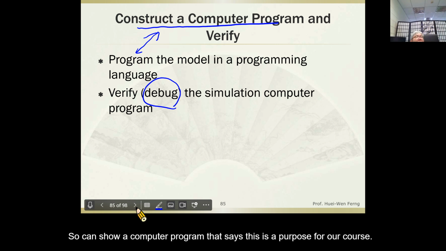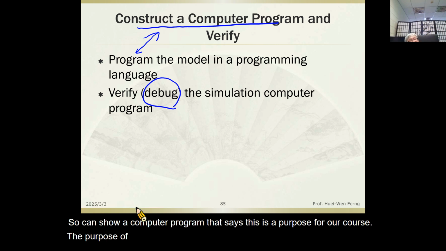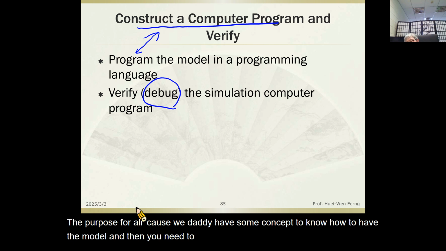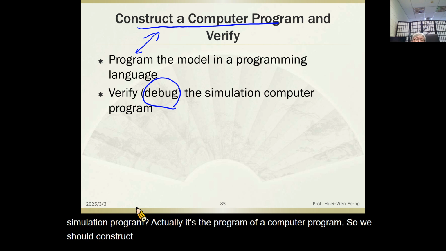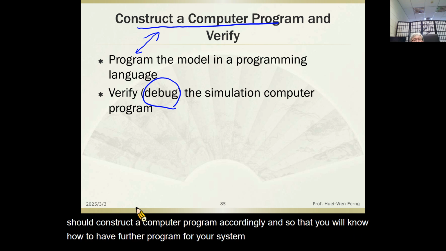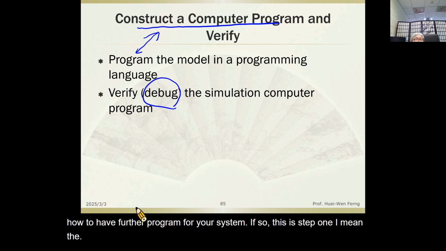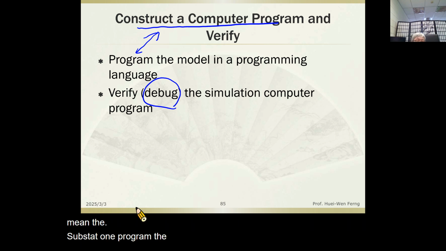For the purpose of our course, we already have some concepts to know how to have the model, and then you need to have a simulation program. How to have the simulation program? Actually, it's a computer program. So we should construct a computer program accordingly, so that you will know how to have the program for your system. If so, this is the current sub-step one: program the model in a programming language.